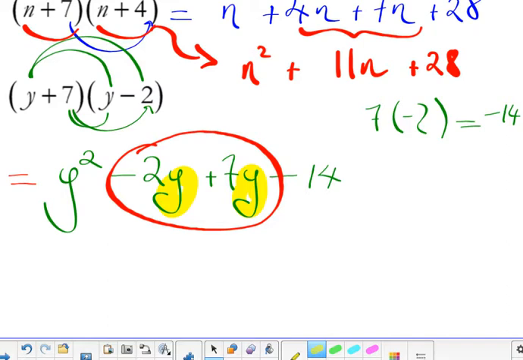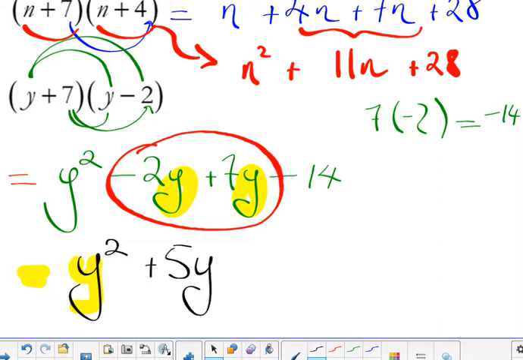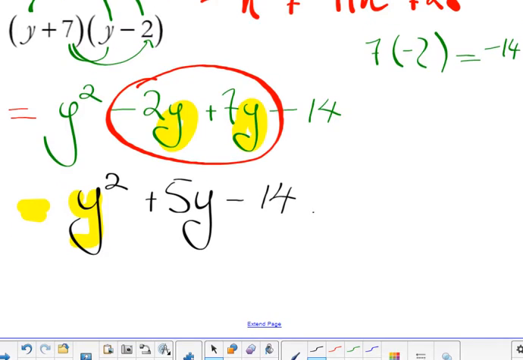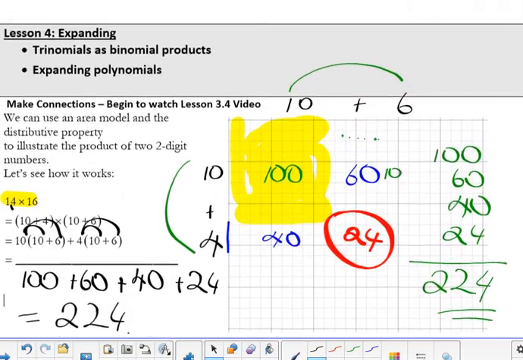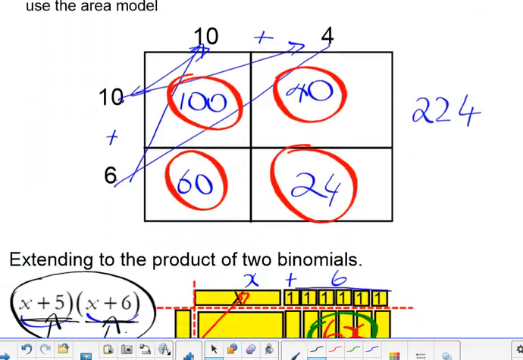So if we add negative 2 and 7, I hope you can do that mentally, we've got y squared, negative 2 plus 7, yep, that comes up to 5y, and then we've got minus 14. All right, so that basically covers all the material we're going to be looking at for Chapter 3 and Lesson 4.